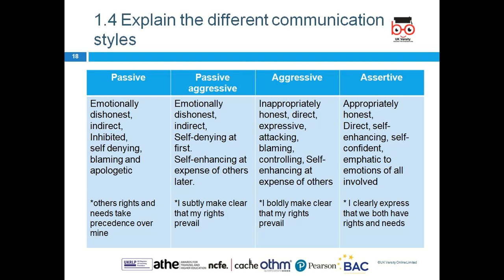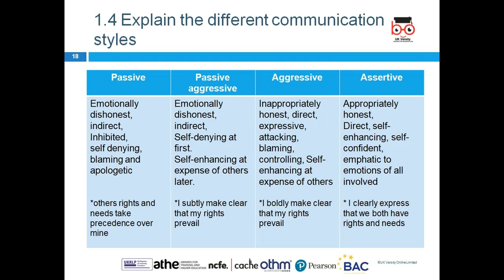Okay. A passive-aggressive person is slightly different. They are still emotionally dishonest. They're still indirect. They're still self-denying at first. But then they can self-enhance, so they can say, right, I'm going to make sure that I get ahead of everyone else.